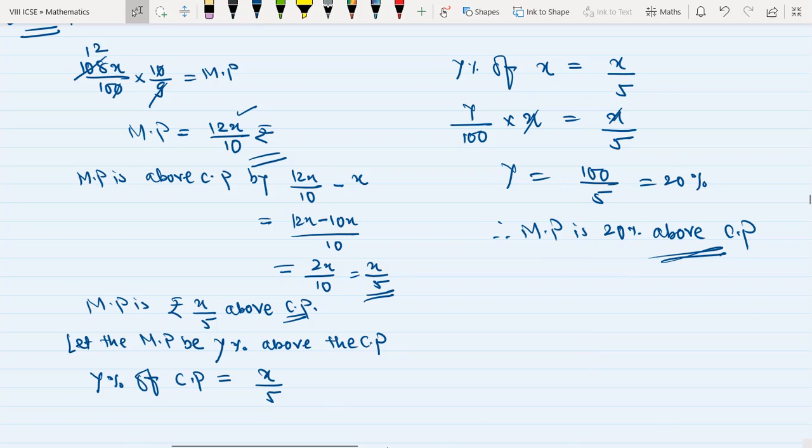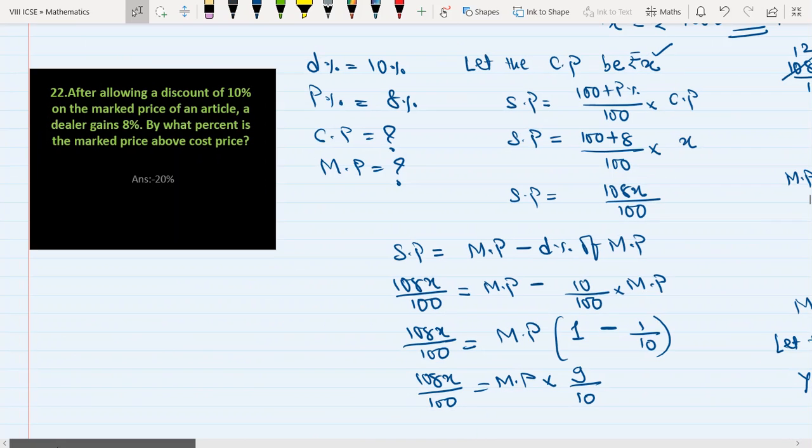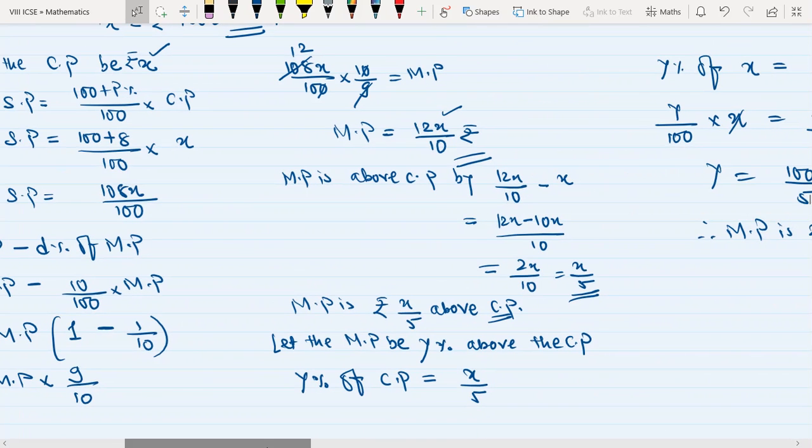So remember that in these kinds of questions, if they are asking by what percent mark price is above cost price, then you have to find that percentage in terms of the cost price itself, not in terms of mark price. Which is lesser out of mark price and cost price?